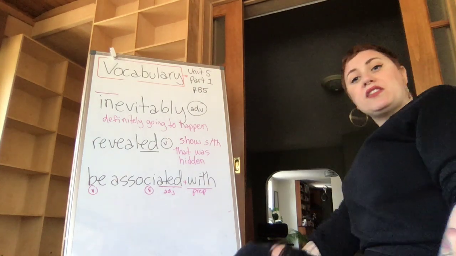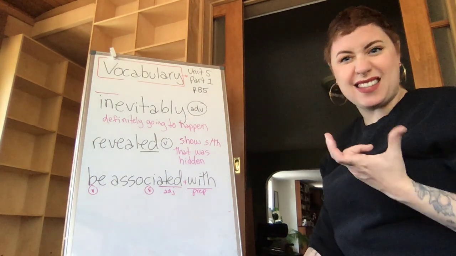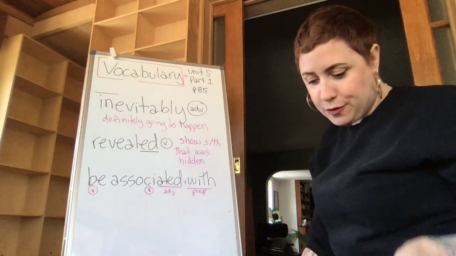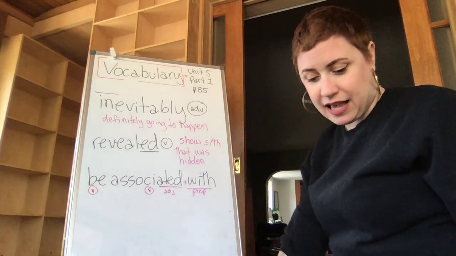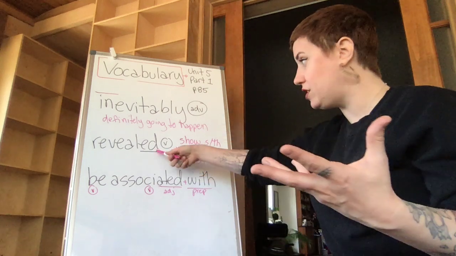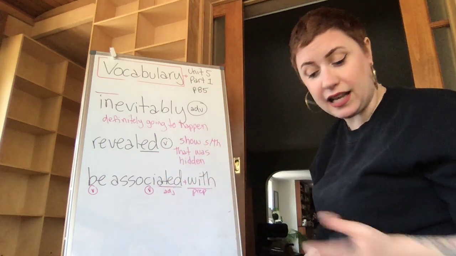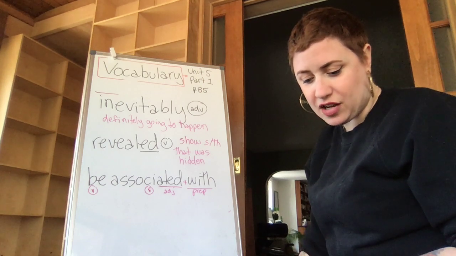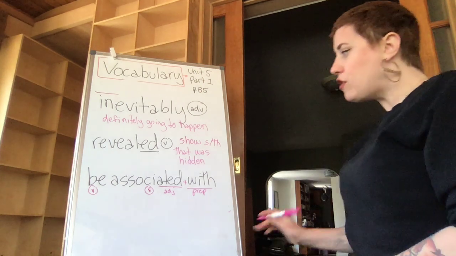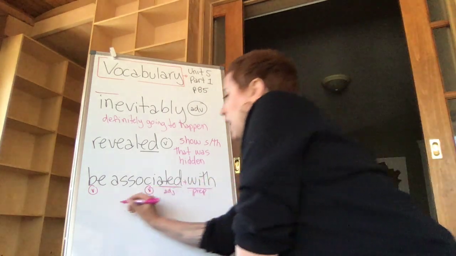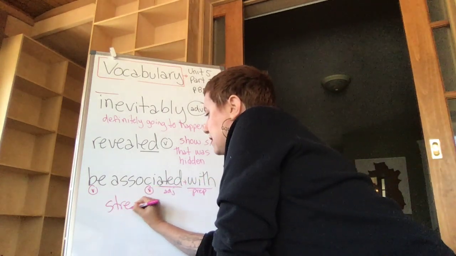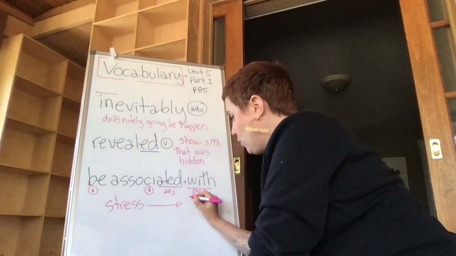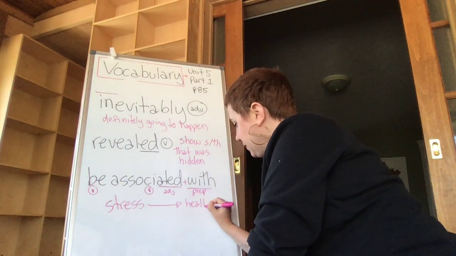So there's lots of examples of pieces of language like this in English that go with each other. Here in E, it says research has revealed, so shown something that was hidden, that stress can be associated with serious health problems. So what we're seeing here is that stress is connected to health problems.